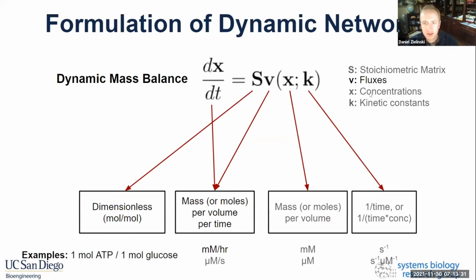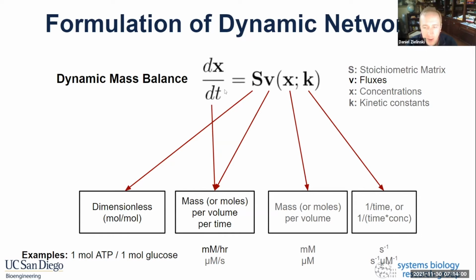So just going into the content here of our dynamic mass balance now. We once again have our stoichiometric matrix multiplied by our fluxes. So what has changed? Well, one, instead of being S times v equals 0, which is what we had in our steady state modeling or constraint-based modeling formalism, we now have a dynamic system. So now it's a mass change or a molar change per volume per time.